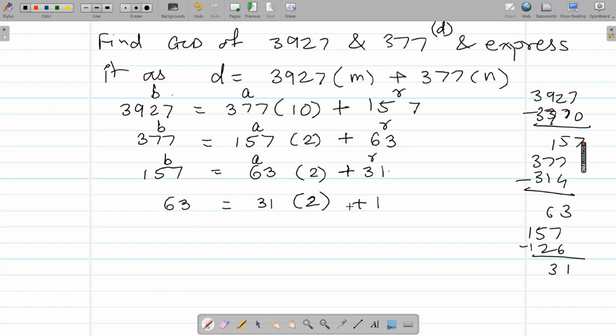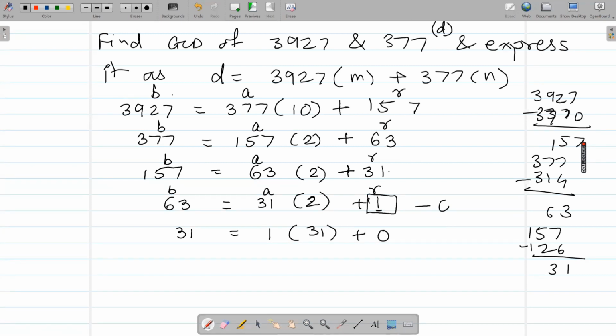Now again, so still I'm not getting a remainder equal to 0. So I'm continuing this. Now I will replace 63 by 31. 31 is equal to 1 into 31 plus 0. So remainder has become 0, and I'm going in the second last step.